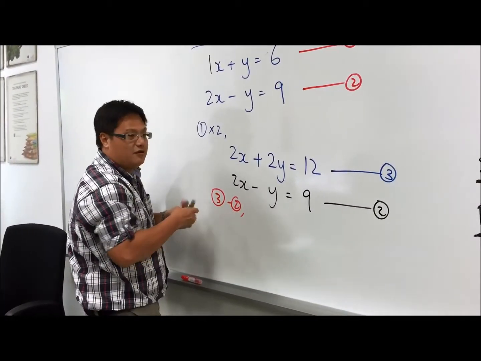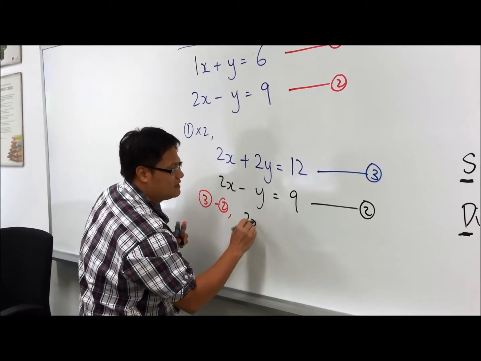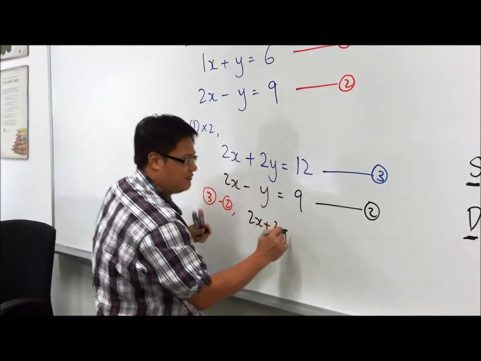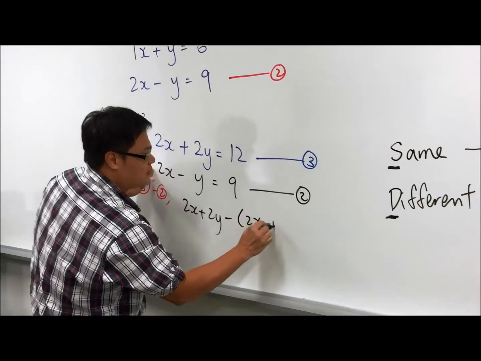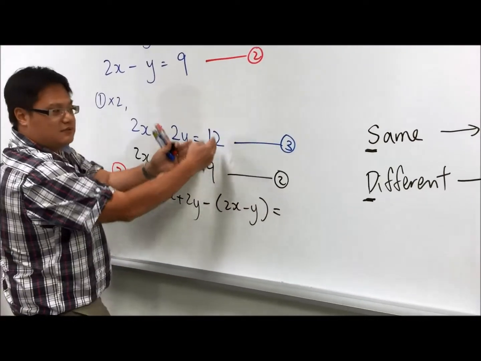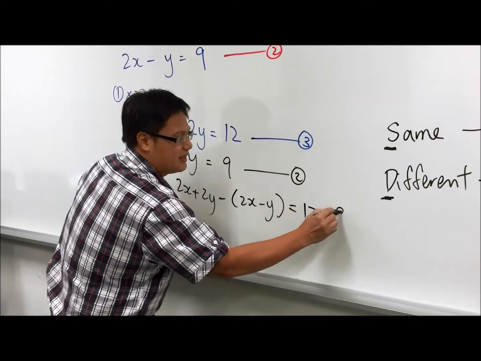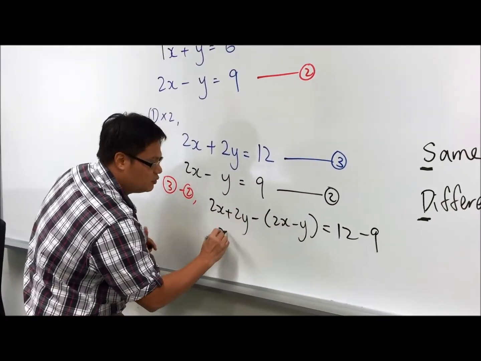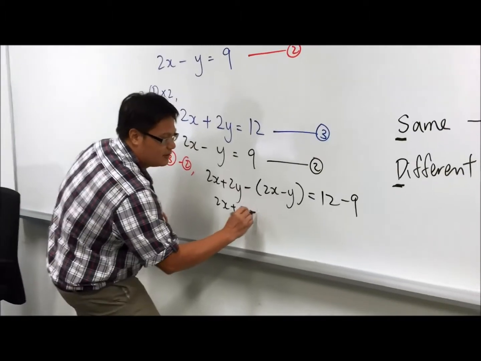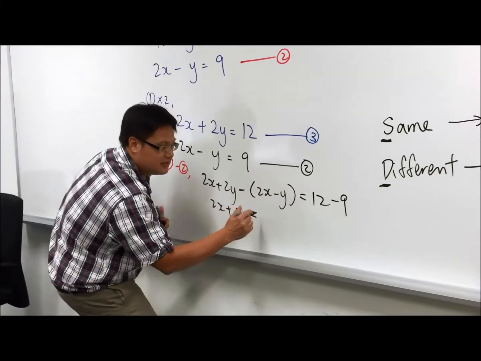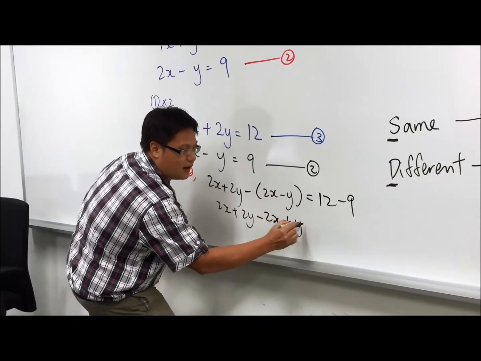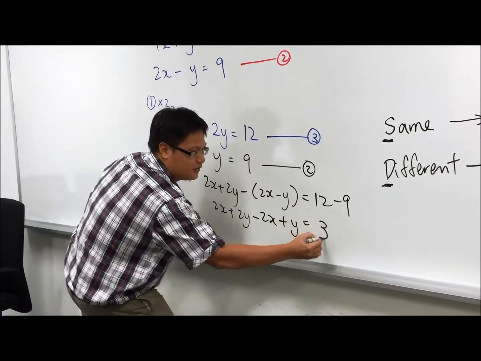The left hand side subtracts the left hand side, and the right hand side subtracts the right hand side: 12 minus 9. Expanding and simplifying, we have 2x plus 2y minus 2x, and minus a negative y becomes plus y, and 12 minus 9 is 3.